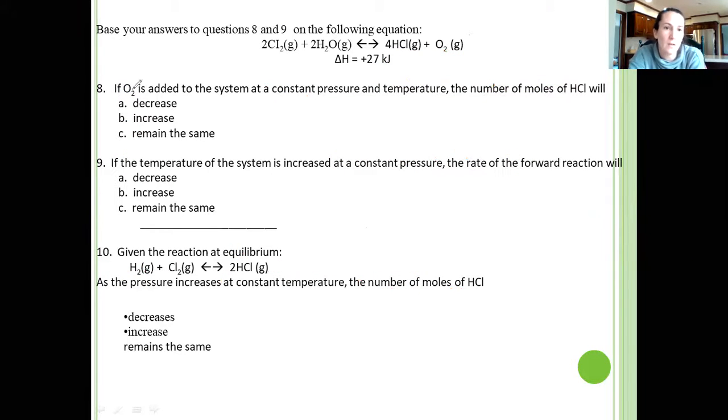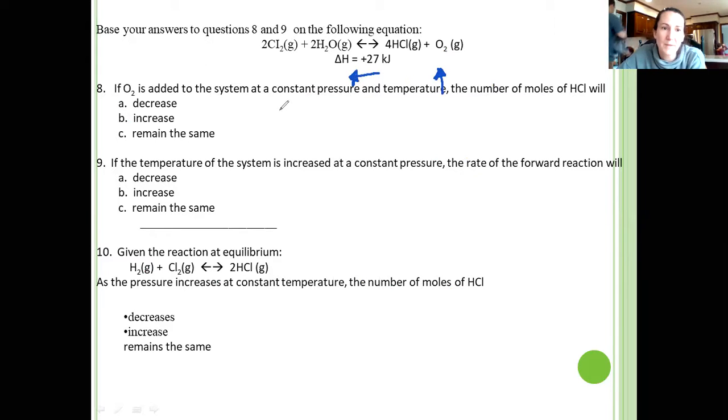Okay, number 8, if oxygen is added to the system at constant pressure and temperature, the number of moles of HCl will blank. For this one, since I'm increasing oxygen, when you increase on the right-hand side, it shifts away from the increase, which is left.